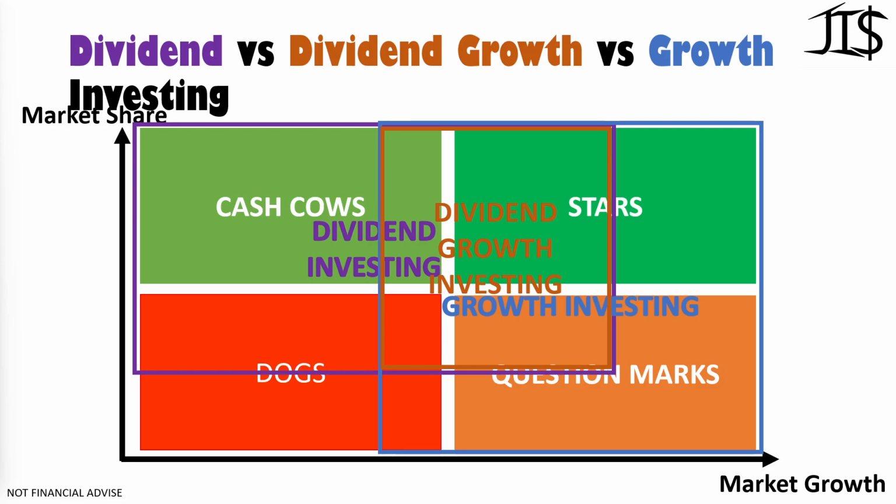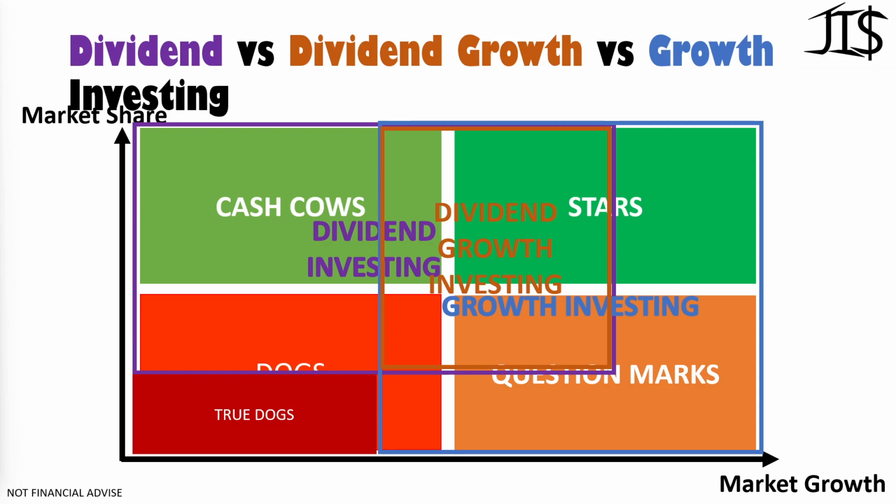It's a tech company that also invests into artificial intelligence, and that company for me has the potential as a question mark to become a star, and it's already paying out dividends as well. So the dividend growth is there, and yeah, it's still in this region, but as a dividend growth investor, it is probably a company that you can check out. And then here, way in the corner, you have the true dogs, and the advice is stay away from that.